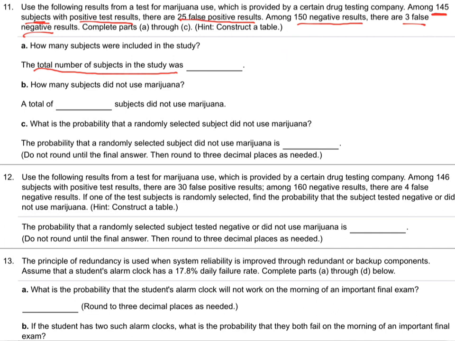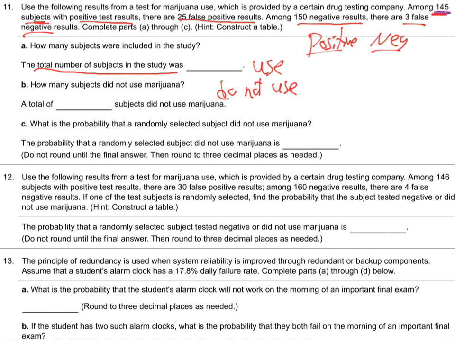You know what? It might be nice to make a table. I wonder how I could do that? See, among 145 positive. So this would be positive, negative. So tested positive or negative. And they use or they do not use marijuana, right? That would be what we're looking at. So let's see.